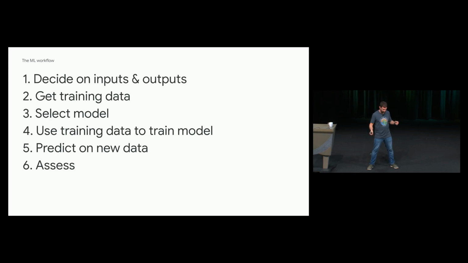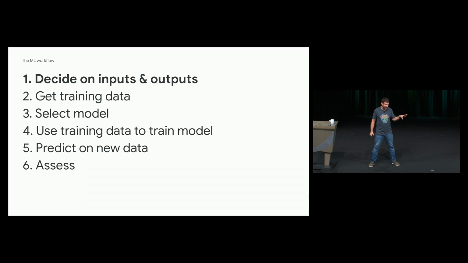You select one to use. You apply that architectural choice to your training data, and then you get a model out. Once you get the model out, you then use it to predict on new data, and you can assess your accuracy. And if you're not happy with your accuracy, you go back to the beginning and start again. Gather new data, try different model architectures, rinse and repeat until you're satisfied with the result.